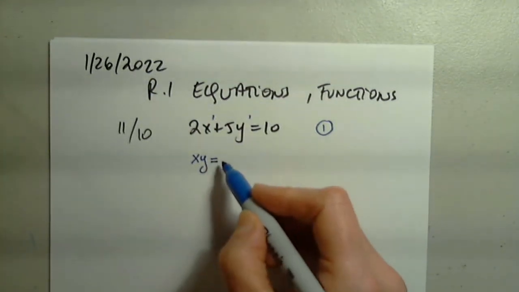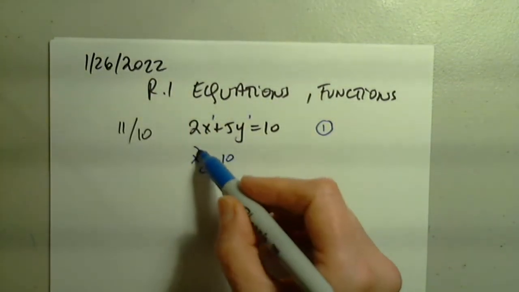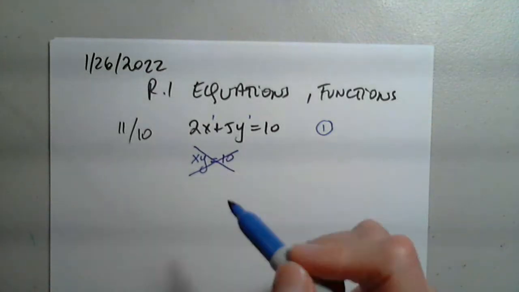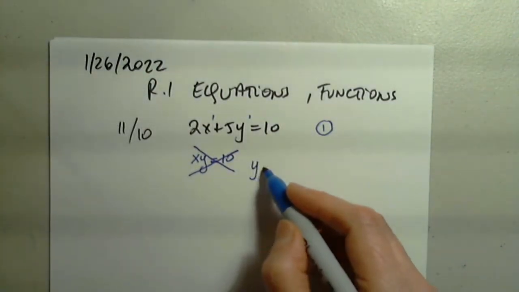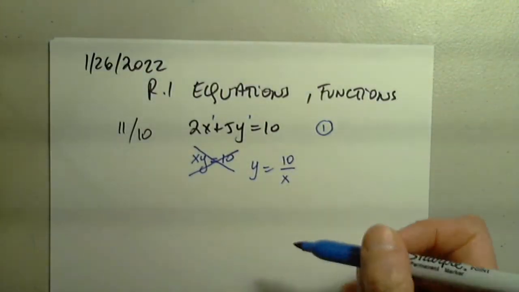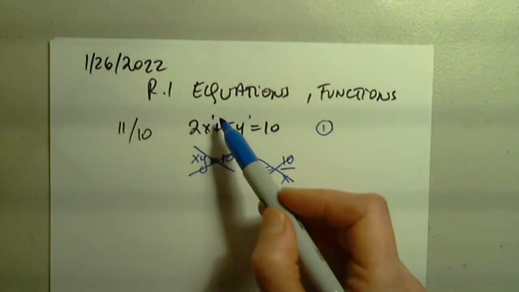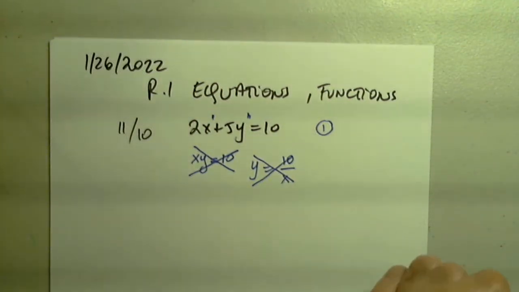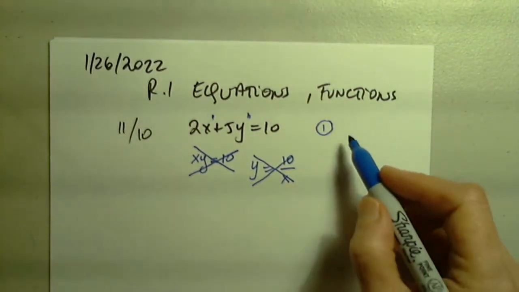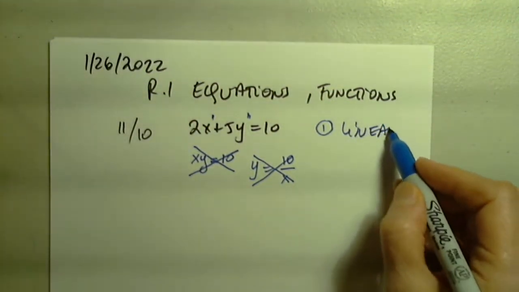X times y equals 10, for example, is not a linear equation, because I will solve for y, and y equals 10 divided by x, which is a rational. So this is not linear. So powers 1 and no products of variables. First I identify it as linear.